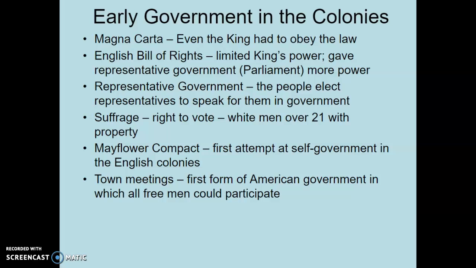There are still parts of New England that have town meetings, like very small towns in Connecticut or New Hampshire, Vermont. It was the first American government in which all free men could participate. So there was no property requirement there, which was a pretty big deal for the time.